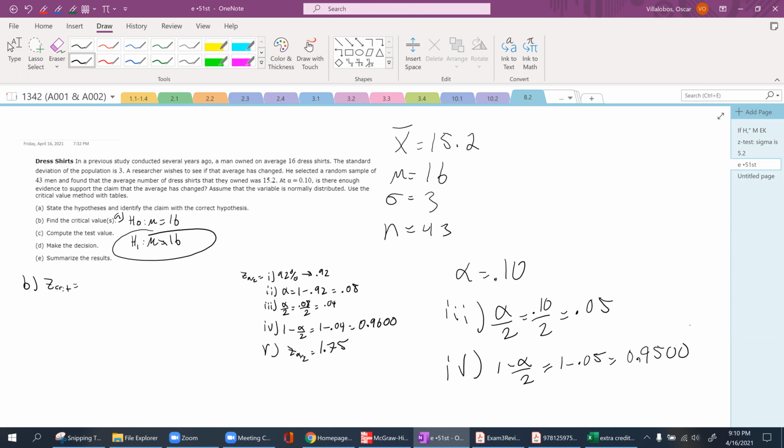Then you find a Z value by working backwards from your Z table.